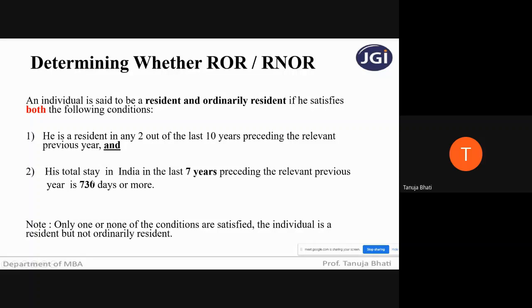Second, his total stay in India in the last 7 years preceding the relevant previous year is 730 days or more. Note, if only one or none of the conditions is satisfied, then the individual is a resident but not ordinarily resident. This I've already told you. Have you understood these 2 points?